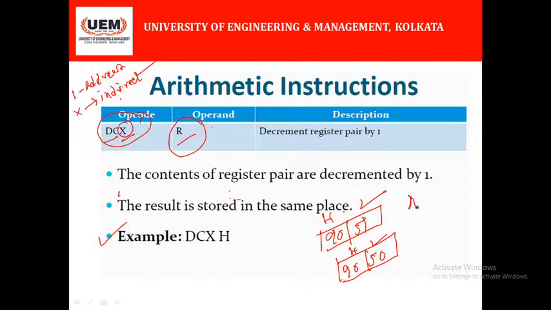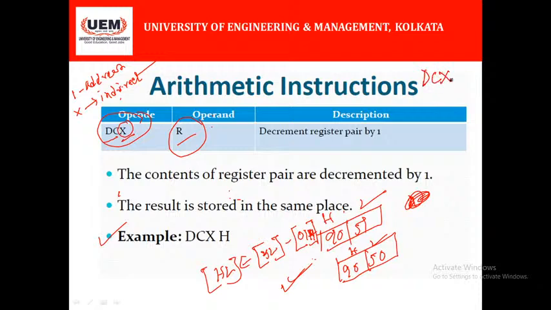Okay, so the micro operation for that can be written as: the value of the HL register pair will be the HL register pair minus 01H. That is the equation for DCX H. Just like DCX H, several other register pairs are possible, such as DCX B, in which case we are pointing to the BC register pair, and DCX D, in which case we are pointing to the DE register pair.